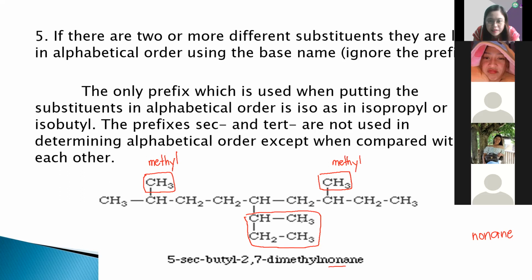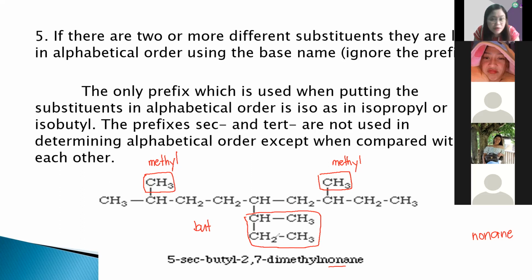And then, this one here is again counted as 1. The first thing that you need to know is ilang carbon yan. 1, 2, 3, 4. 4 na carbons. And ano yung ating prefix pag-apat? Bute. Pag-4 ang carbons, our prefix is bute.